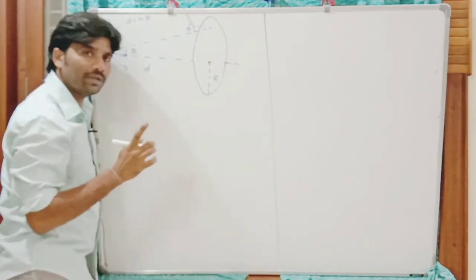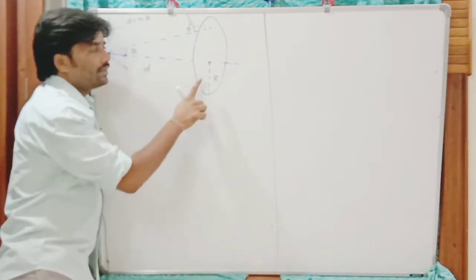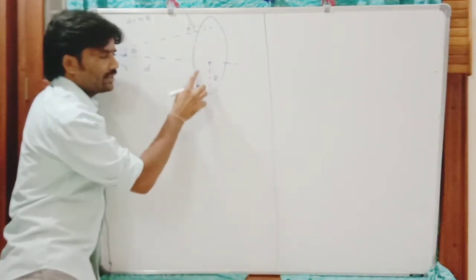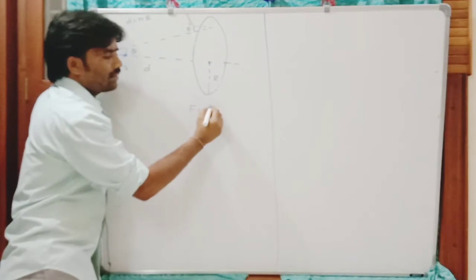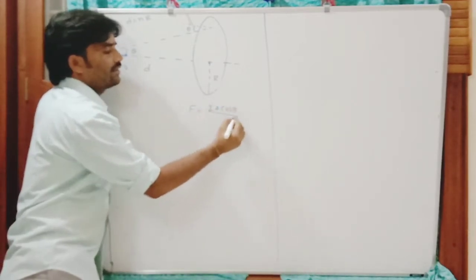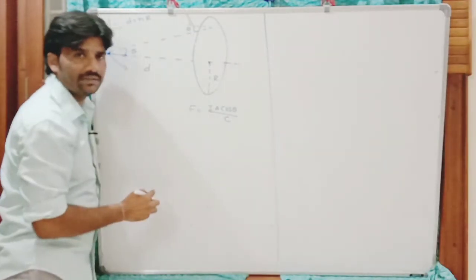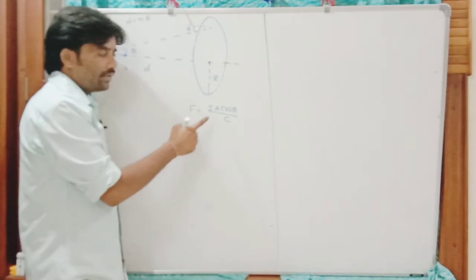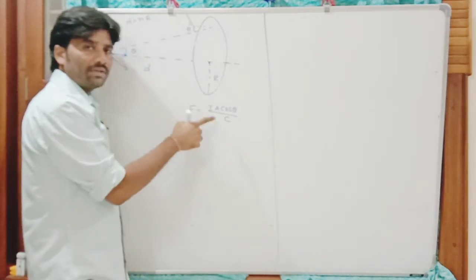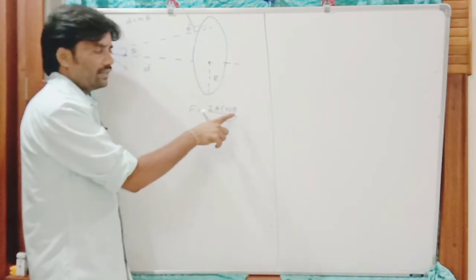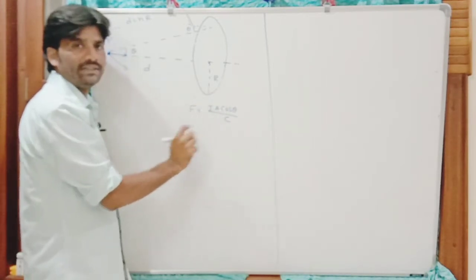If all the photons hit this disk with the same angle theta, then the force exerted by the radiation on absorbing material is I A cos theta by C. Already we derived this. This is the force exerted by the radiation on absorbing material for oblique incidence. If the radiation strikes normally, theta is 0, so it is I A by C.